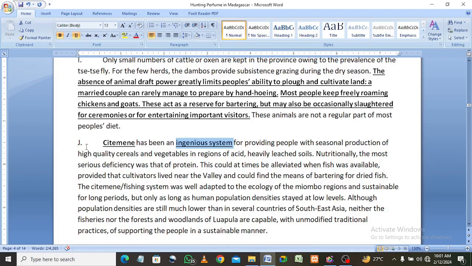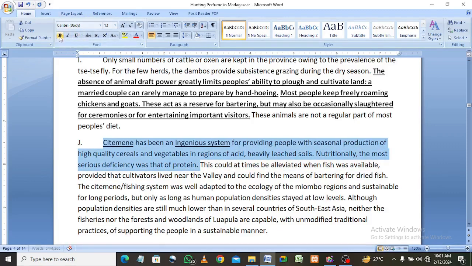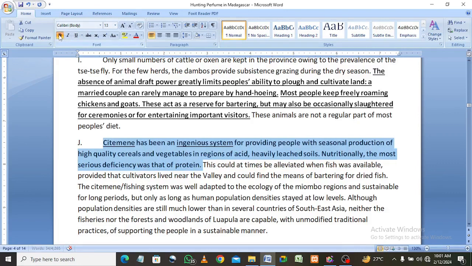Wow, that means that our statement here is from year to year. If you remember our techniques for true, false, not given, I said you should read one to two sentences. One to two sentences. Now let's read.